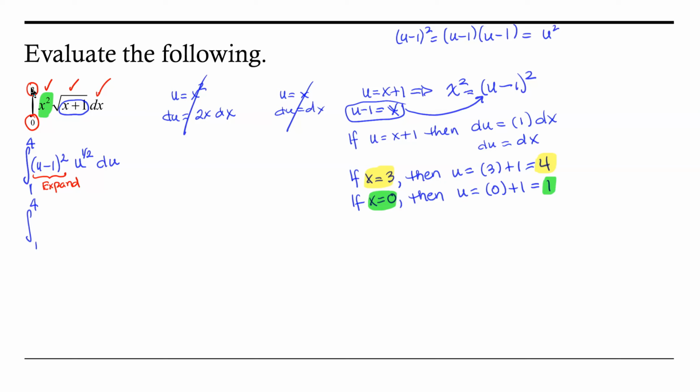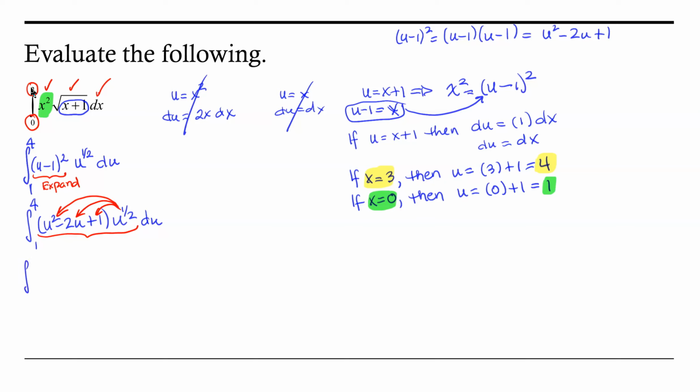So that's u squared minus 2u plus 1. So we're going to have u squared minus 2u plus 1 times u to the 1/2 du. Now, this whole thing is my integrand, so I'm not quite done with the algebra. I still need to continue to simplify this, multiply it out.